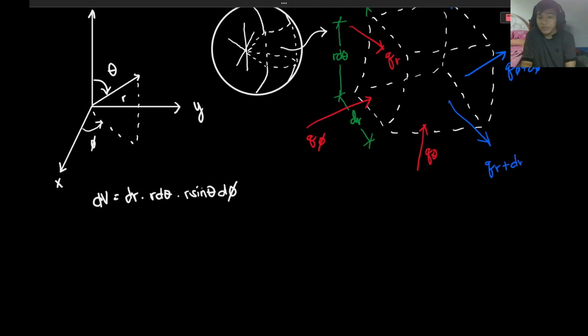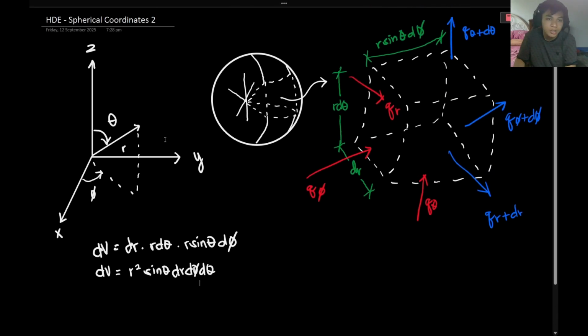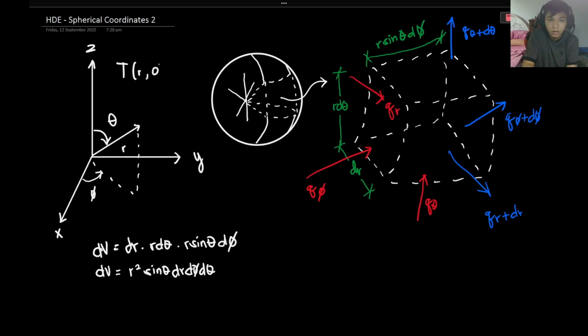Further simplifying this, our dV would be r squared sine theta. The way I like it, we put dr first, then d phi, and then d theta. So we have dr, d phi, and then d theta, since our coordinates are in terms of r, phi, and theta.